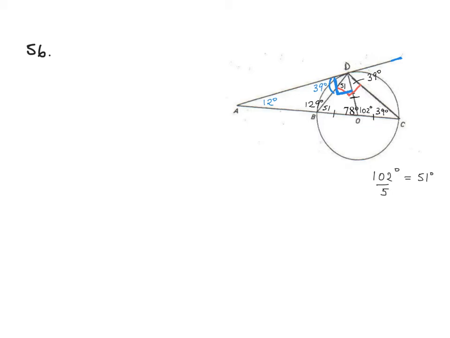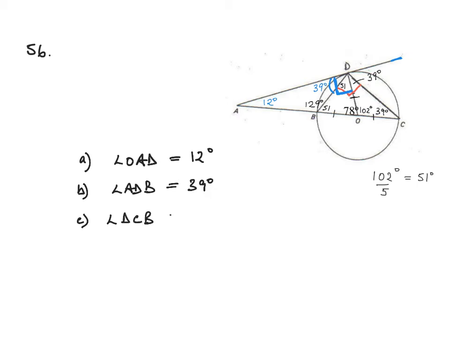So we could state explicitly what angle OAD, that was the last one that I found, that's 12 degrees. Part B, angle ADB, that's 39 degrees. And angle DCB, DCB is also 39 degrees.